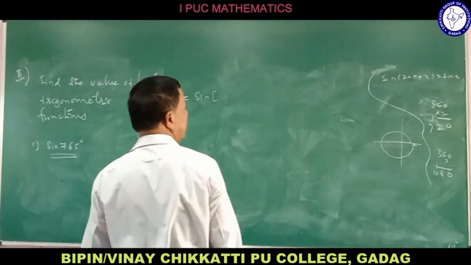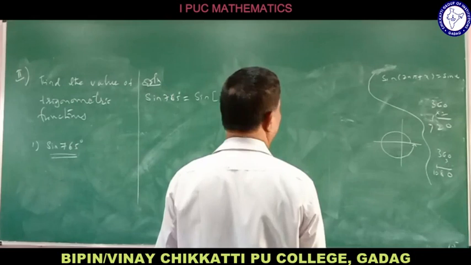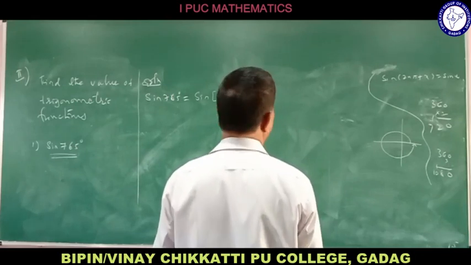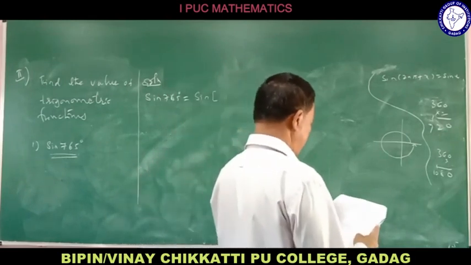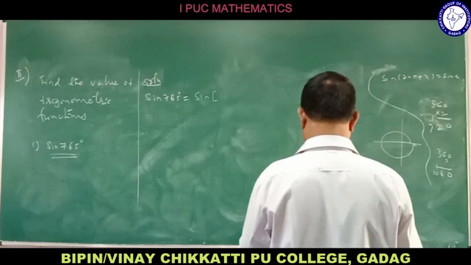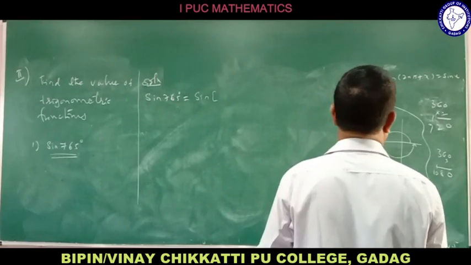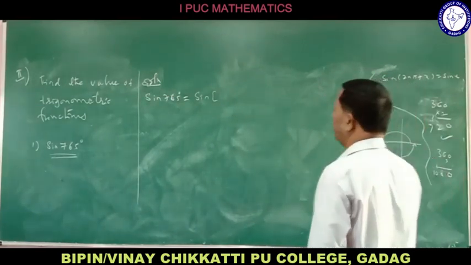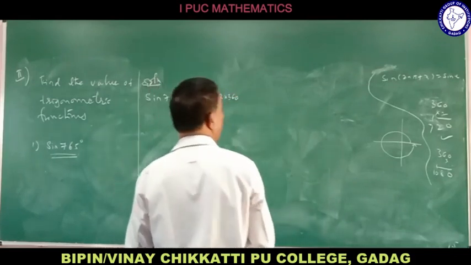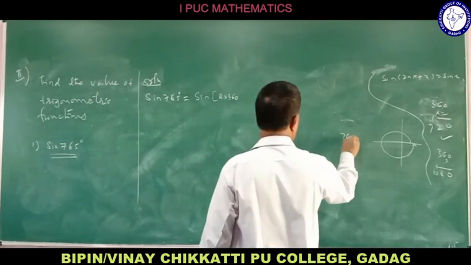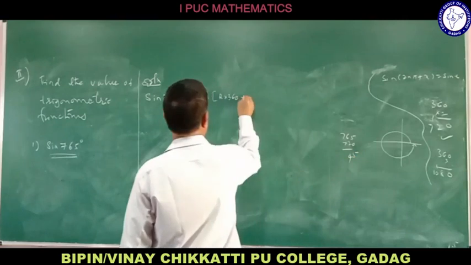Nearer to 720 or 1080, and you have to change it accordingly. Now we go for 720, which is nearer, and this is 2 into 360. How much is it? 720, and 765 minus 720 is 45. So you see this 45.